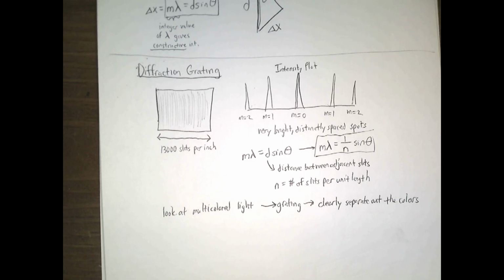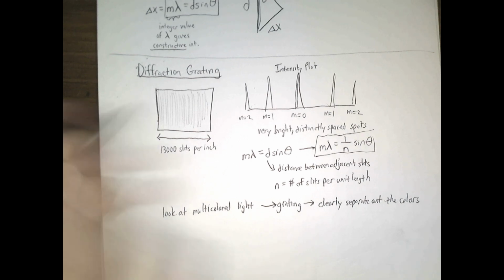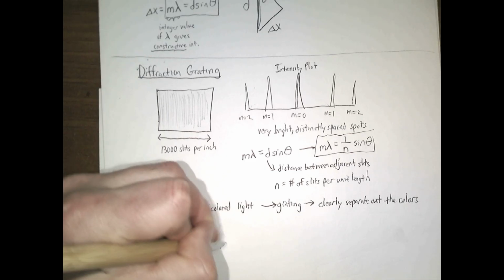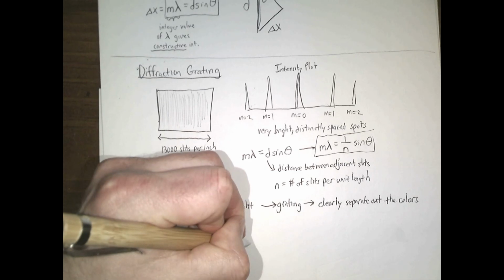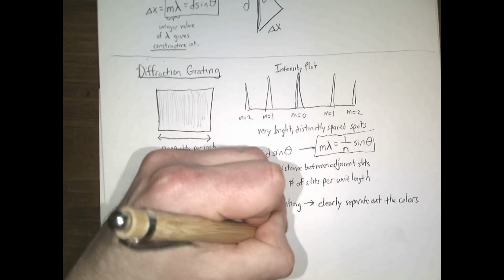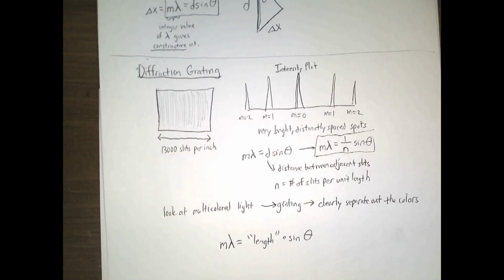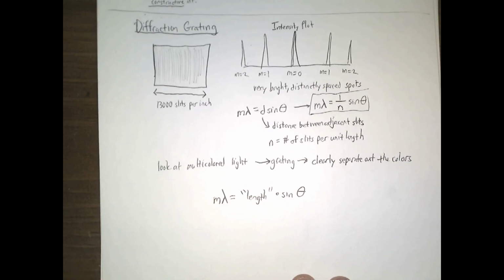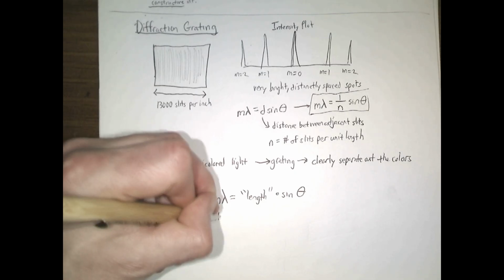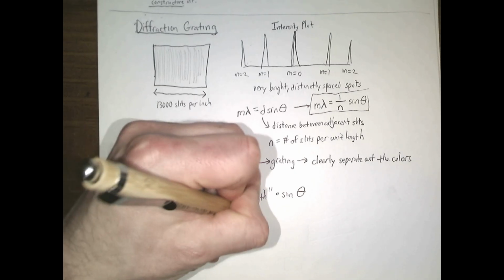All right, we looked at interference in 1, 2, and many slits, and so that should get you through. Note again, we introduced 3 different equations. They're all really the same. There's some m lambda equals some length times sine theta. You do have to be a little bit careful. For one slit, you're looking at dark spots.